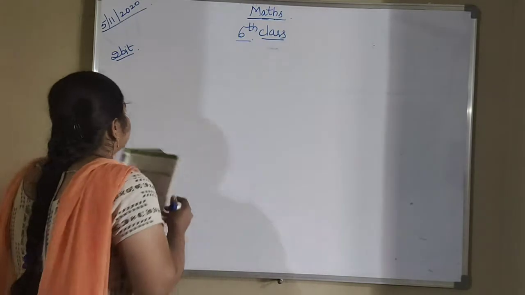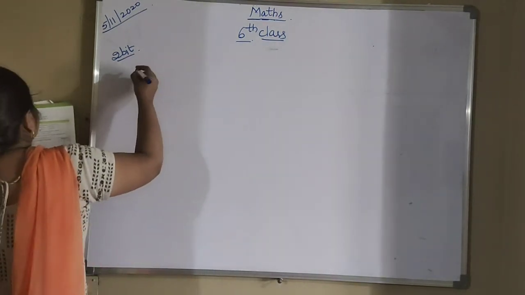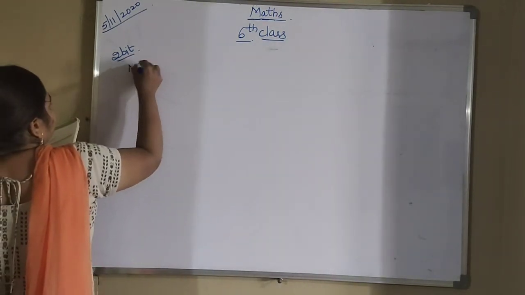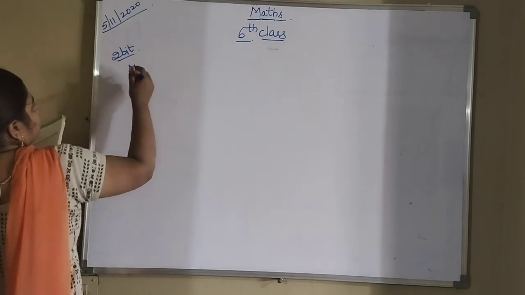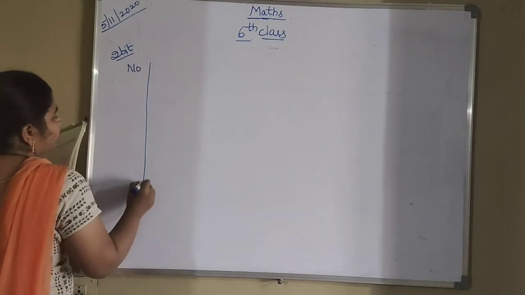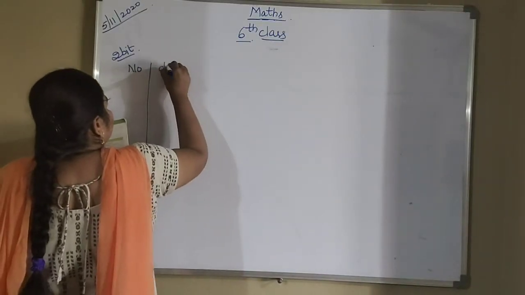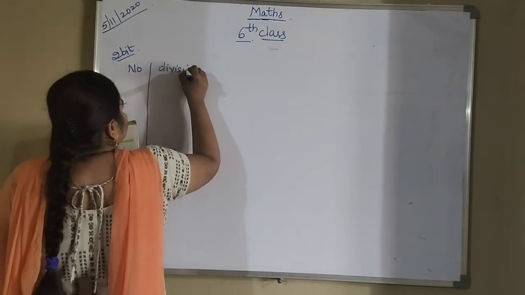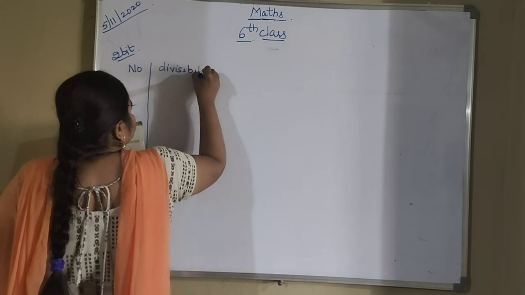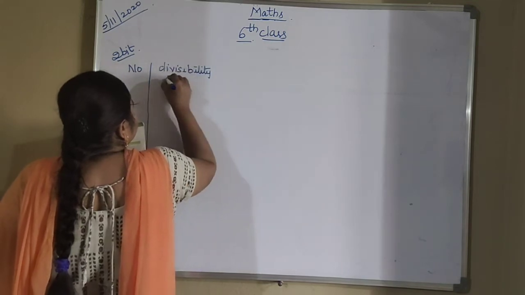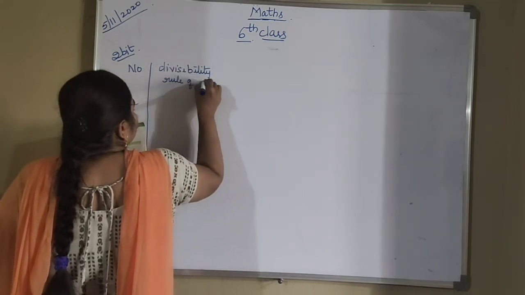Okay, so first I am writing the numbers in tabular form. So numbers, given numbers. Rule of 2.